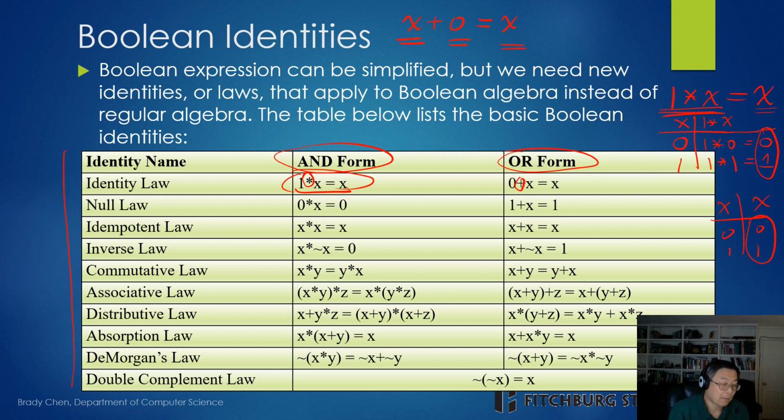Remember we mentioned that you may create many different Boolean expressions that have the same truth table, so they are equivalent. How do we prove this? One way is using the truth table. The other is to use the Boolean identities, so we can derive one expression and eventually lead to the other expression.